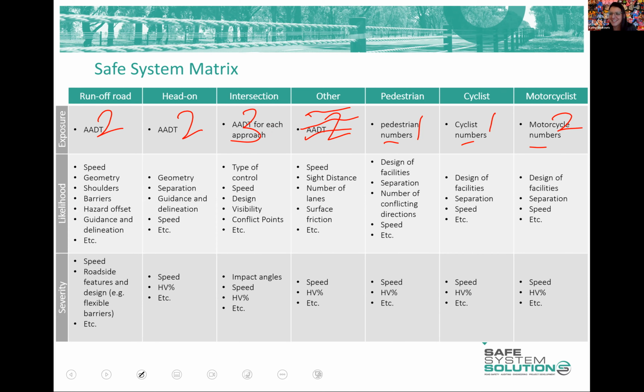Is there a tendency for someone to add up the numbers for each category and then the lowest score wins? So not for each category. What we're seeing is, I was on the working group for the Austroads guide.